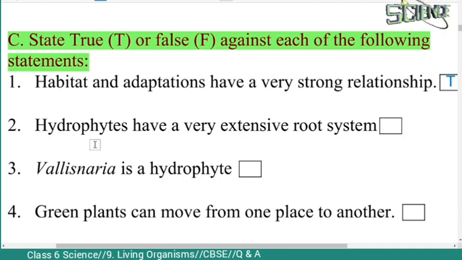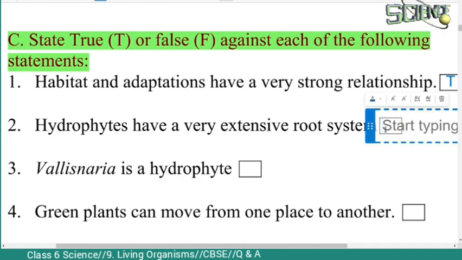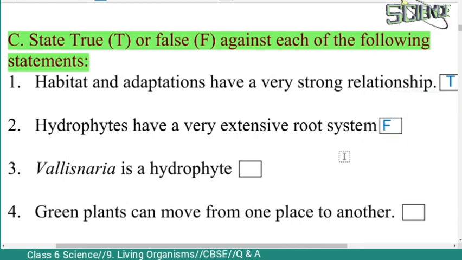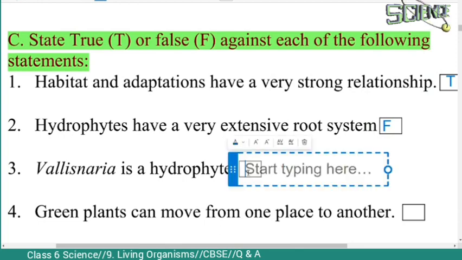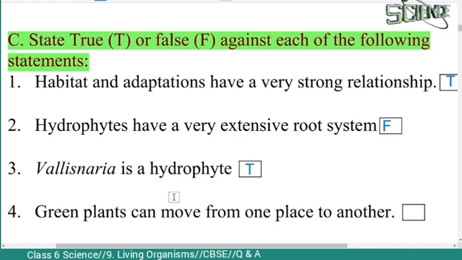Second one, hydrophytes have a very extensive root system. It is false. Third one, Vallisneria is a hydrophyte. So it is true.